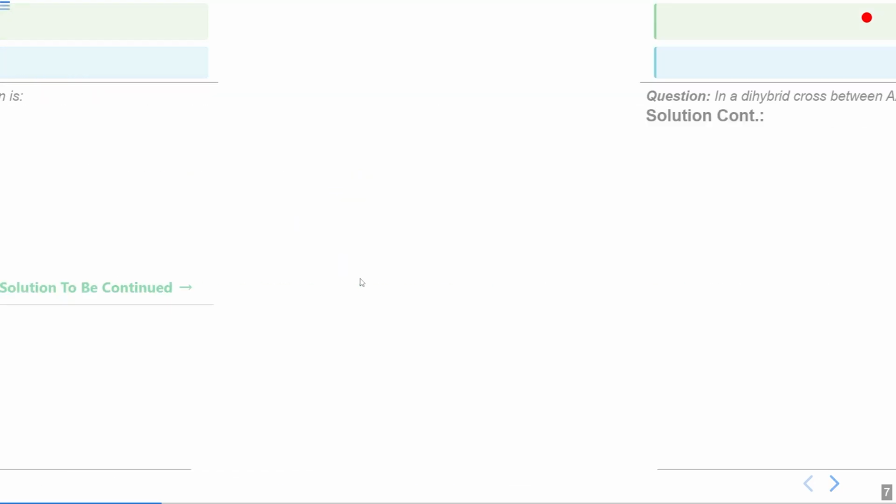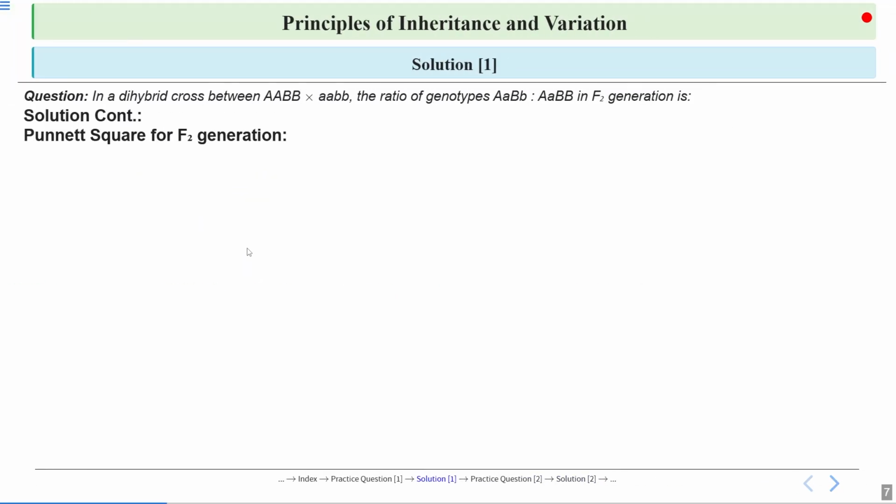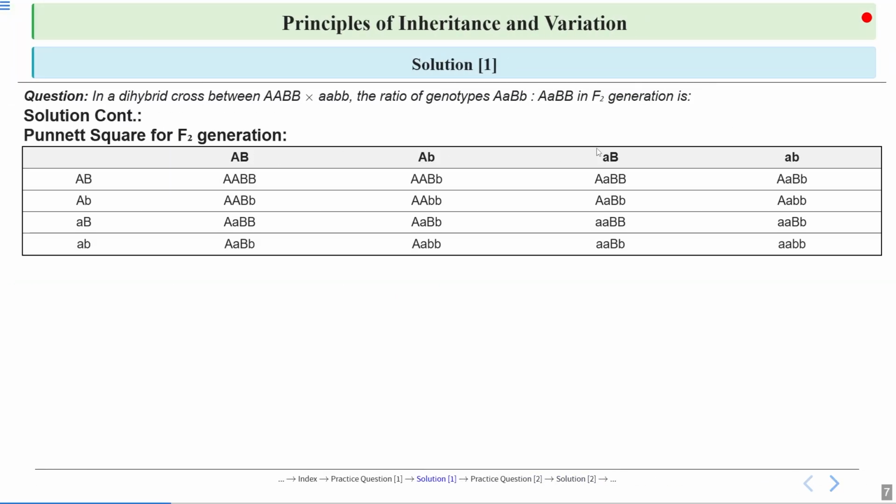Now, you can make a Punnett square. On one side you write the gametes of the male, on the other side the gametes of the female. You can now calculate all the possible genotypes in the F2 generation. After analyzing them, you can see capital A small a, capital B small b appears 4 times in this Punnett square.